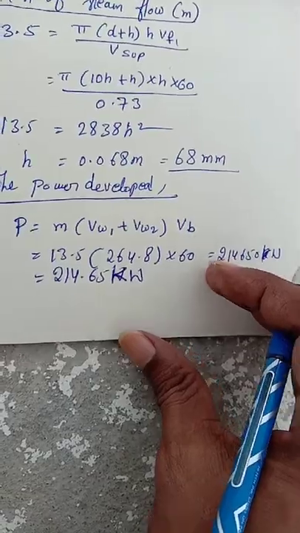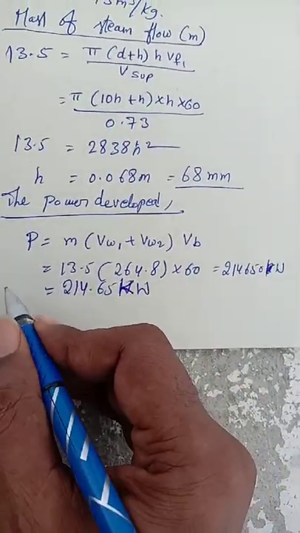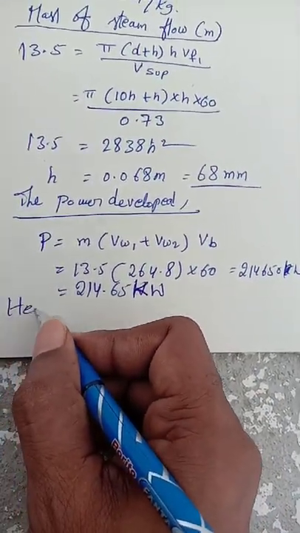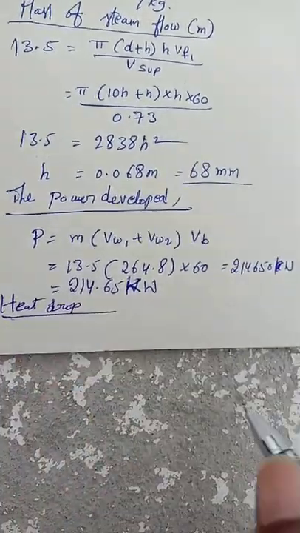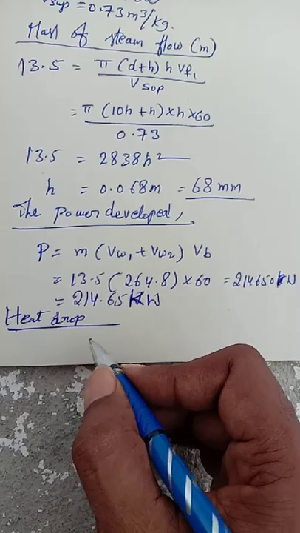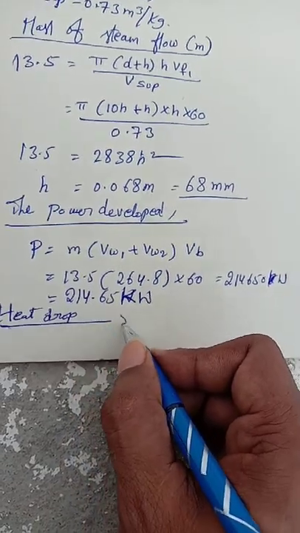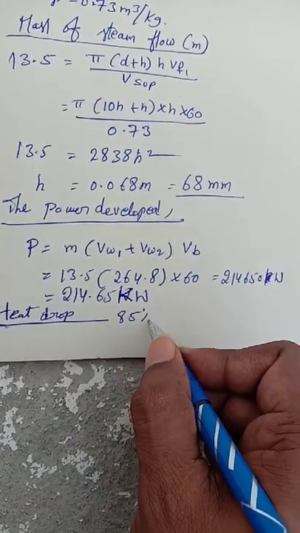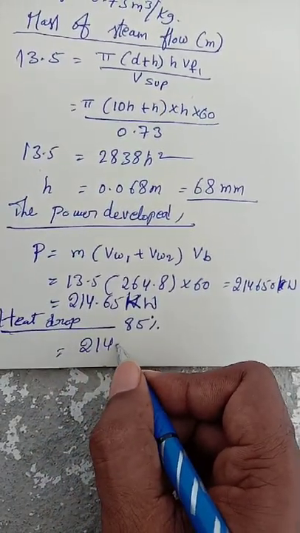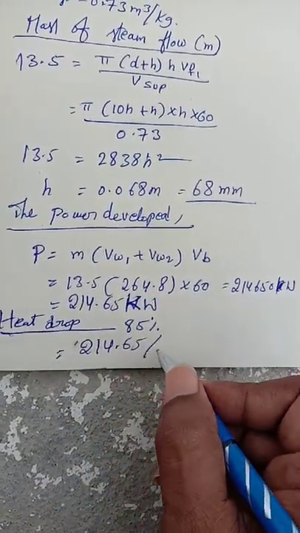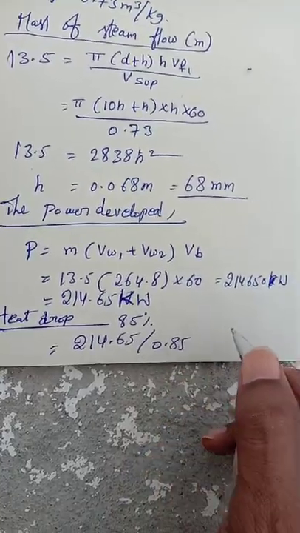Okay, and then here heat drop. Heat drop required for the efficiency of 85%. Then 214.265 divided by 0.85.